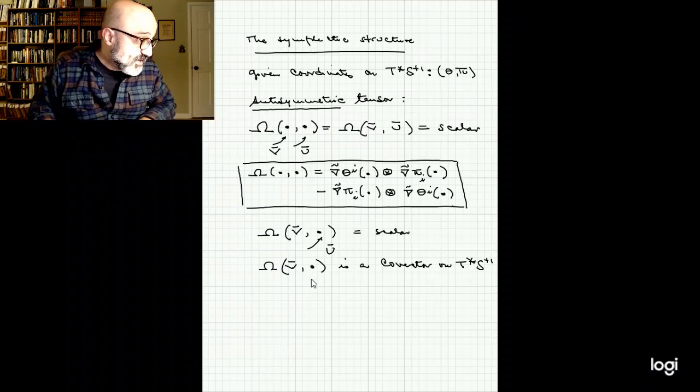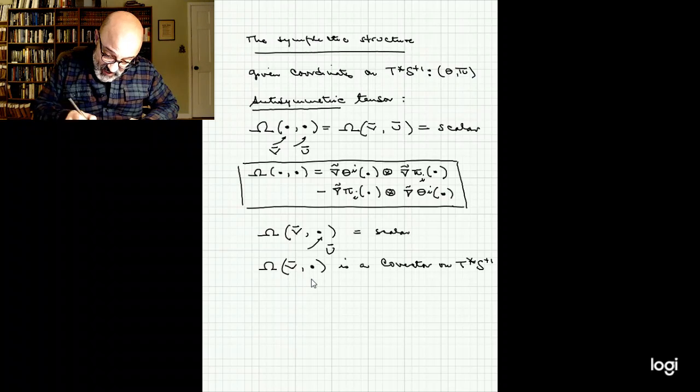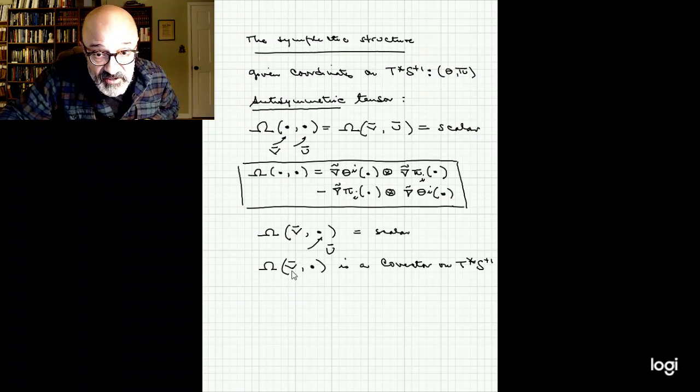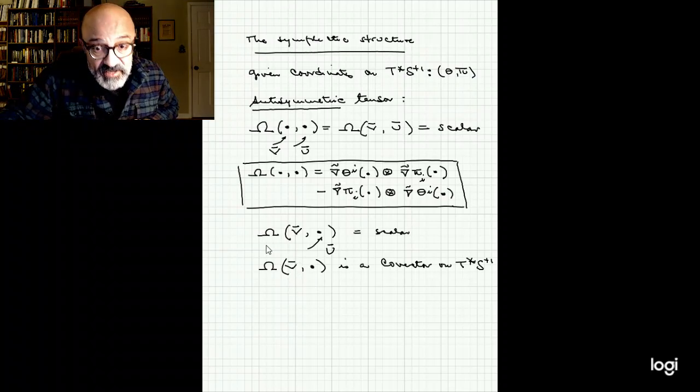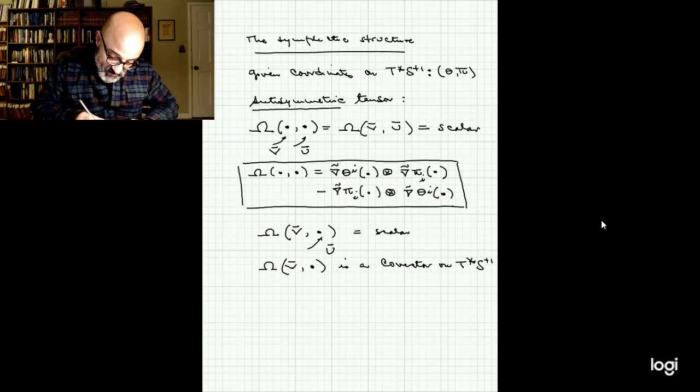Yes, we need a couple of little formulas here. The way that this guy, how do we act with omega on a vector v? Well, we put the v here in the first slot, right? V in the first slot corresponds to v in the first slot. So we're going to use the following.